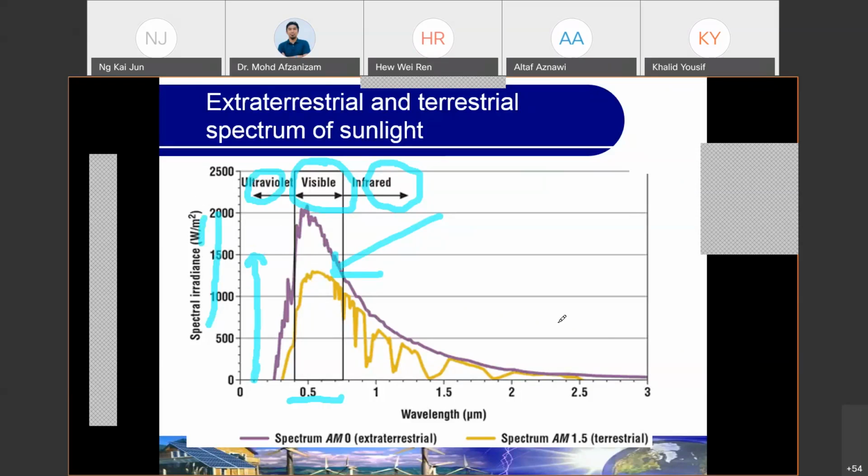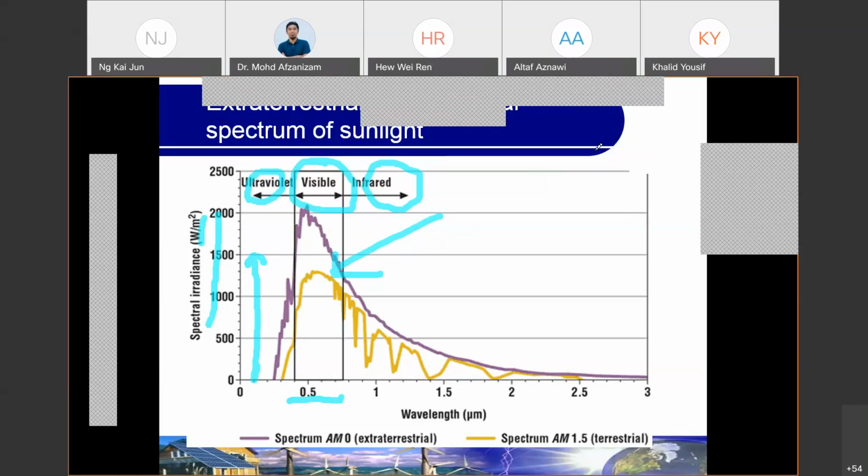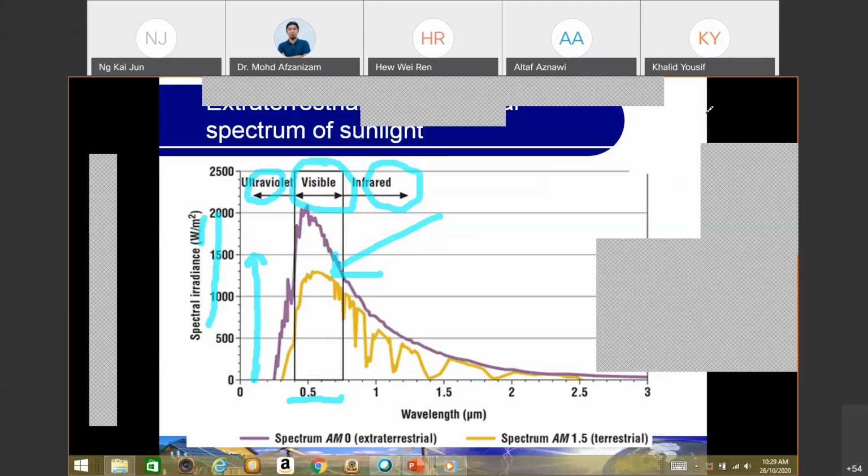So basically, do you have any idea what is the maximum irradiance received on Earth from the sun, from outside the Earth, after it undergoes all the journey and travels through the atmosphere until it reaches the Earth? Any idea what the irradiance is? 100, 200, 300, 400, 500, 600, 700, 800, 900, 1000, 3000.